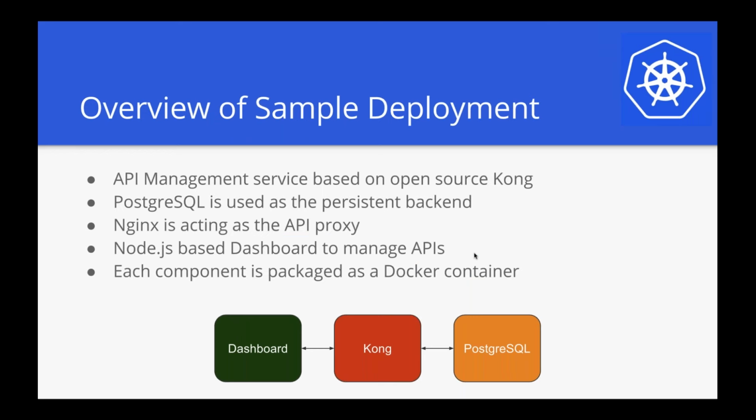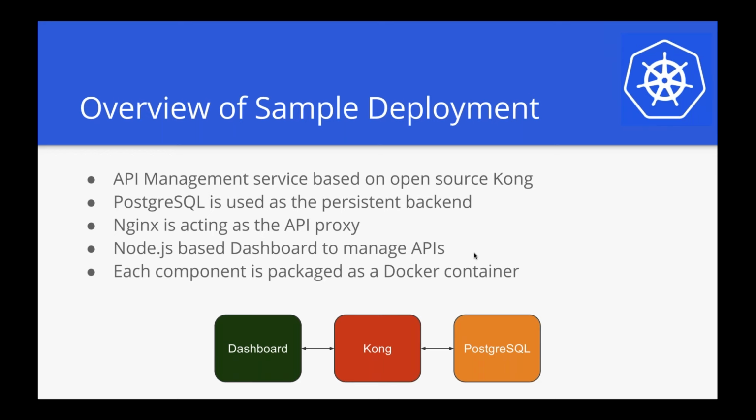Let's spend some time understanding the reference architecture that we are going to use for deploying an application in both the environments and comparing and contrasting them. So I'm going to use a very popular open source API management tool called Kong. And it's a true microservice in a sense that Kong in itself is stateless.